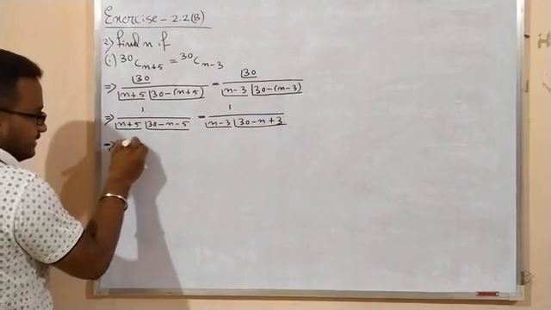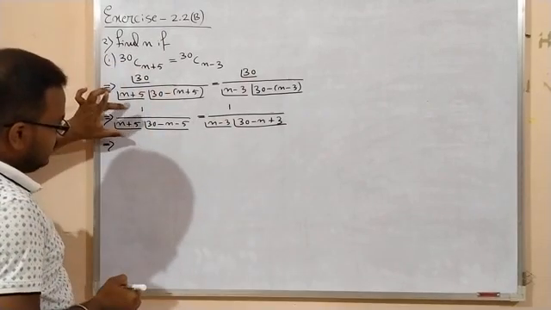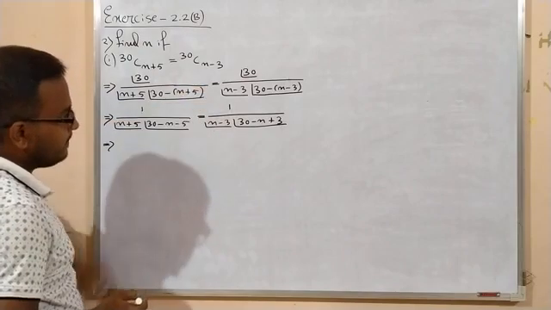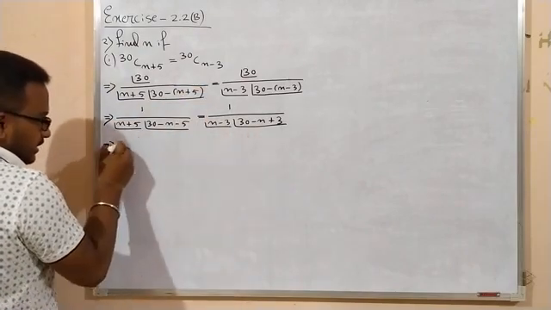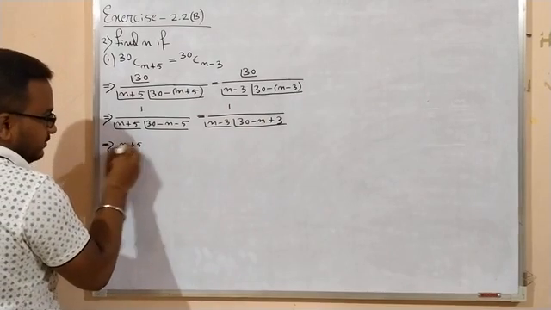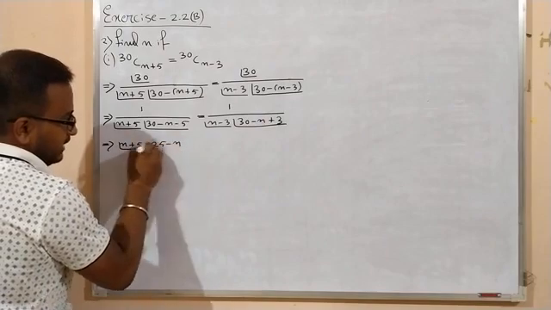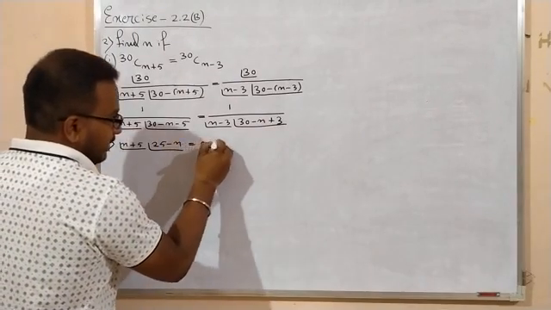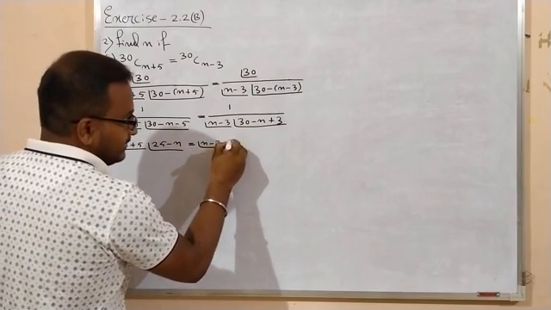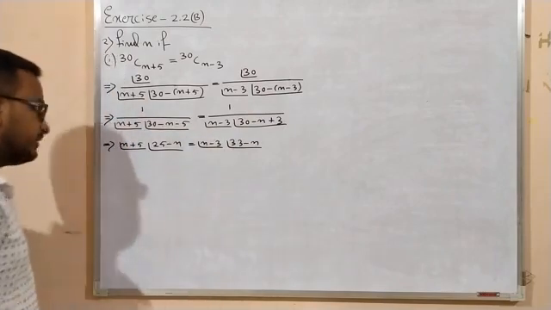Now you can reverse this order, because this is 1 by equals 1 by, so this equals that. So it is factorial n plus 5 into factorial 25 minus n (30 minus 5 is 25), and this is factorial n minus 3 into factorial 33 minus n. Okay.